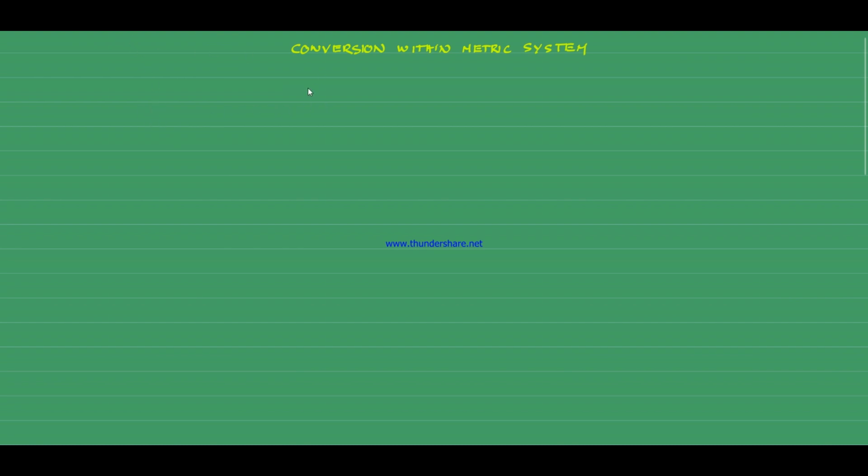Basically, it means unit conversion, it has the same meaning. And we will be talking about the international unit only, which we call the SI system.